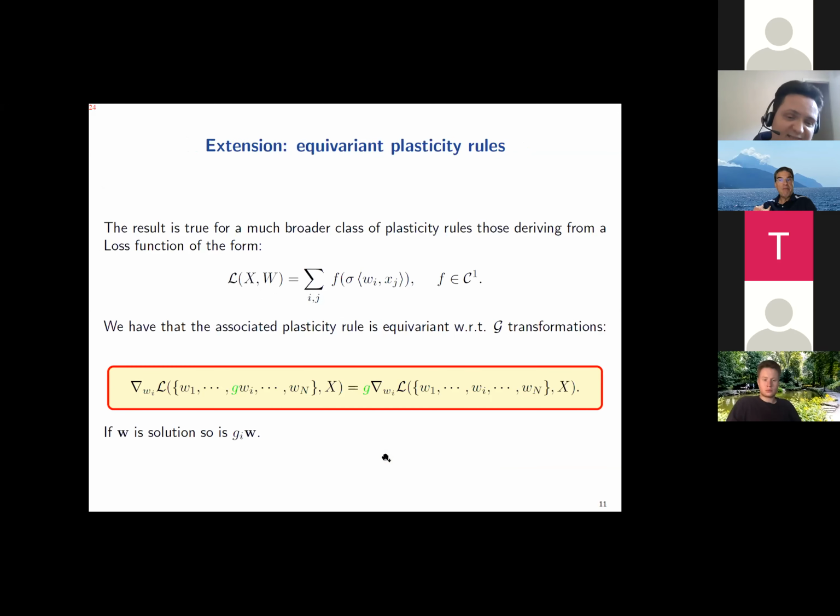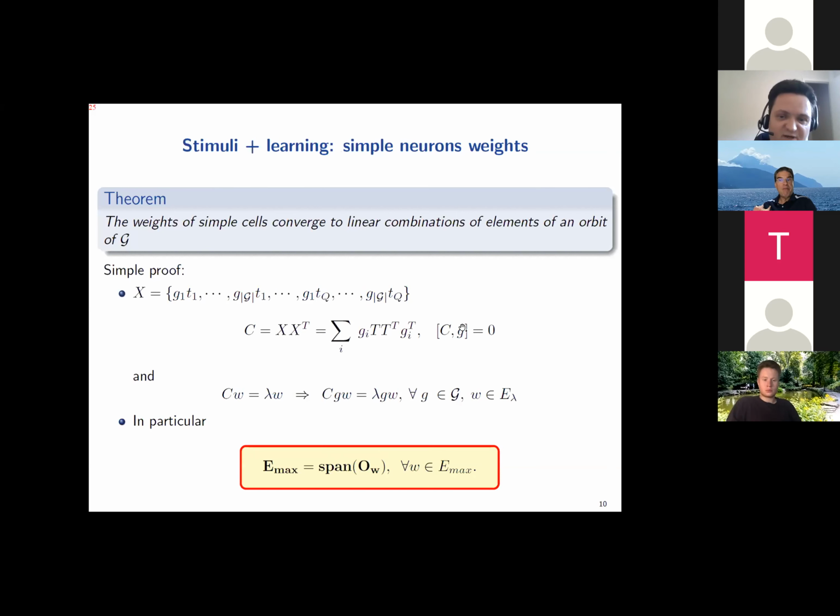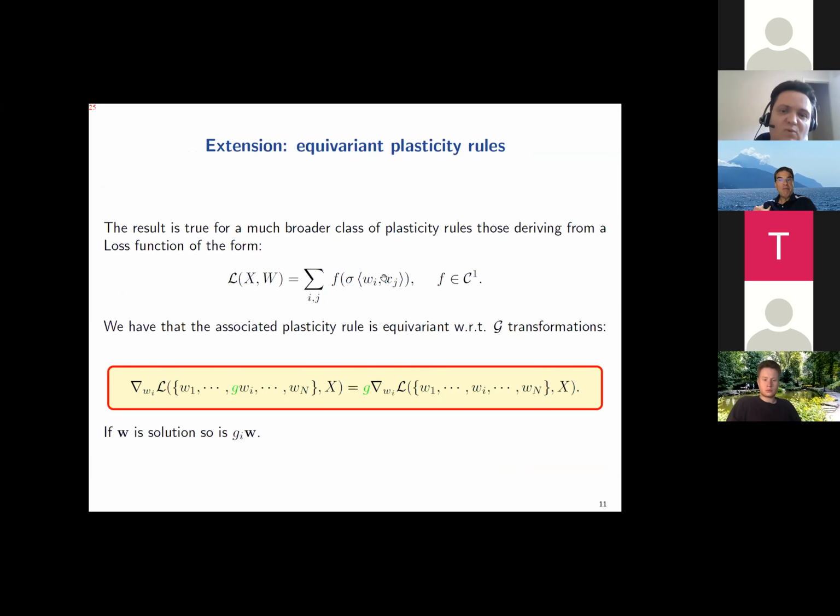You can extend this nice property of commutativity, and if you want equivariance of the dynamic rule, to a more generic class of plasticity rules. The important thing is that those are some permutation invariant combination of the activations of the simple cells.